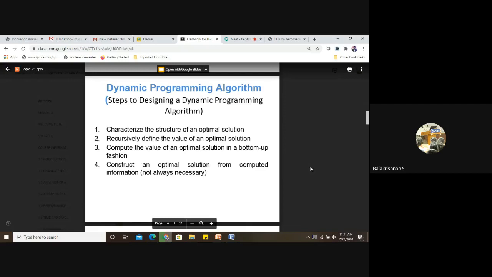Third is to compute the value of an optimal solution in a bottom-up fashion. Fourth, we have to construct an optimal solution from the computed information. Not always is the computed information necessary, but the information is stored in the table. These are the important steps to be followed while using a dynamic programming algorithm.